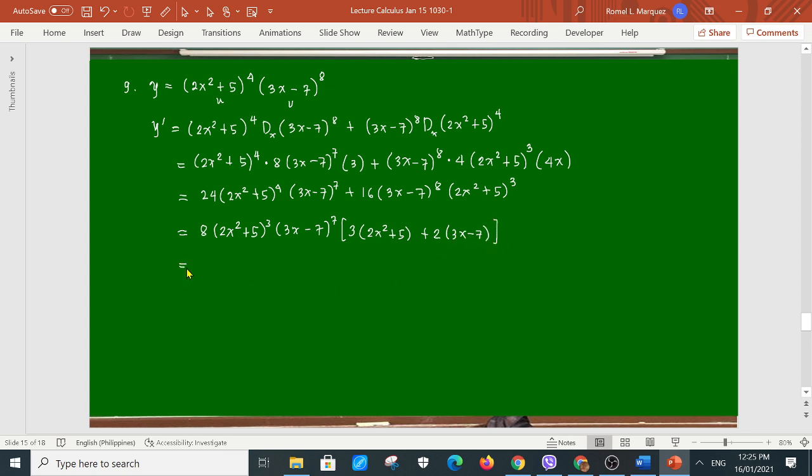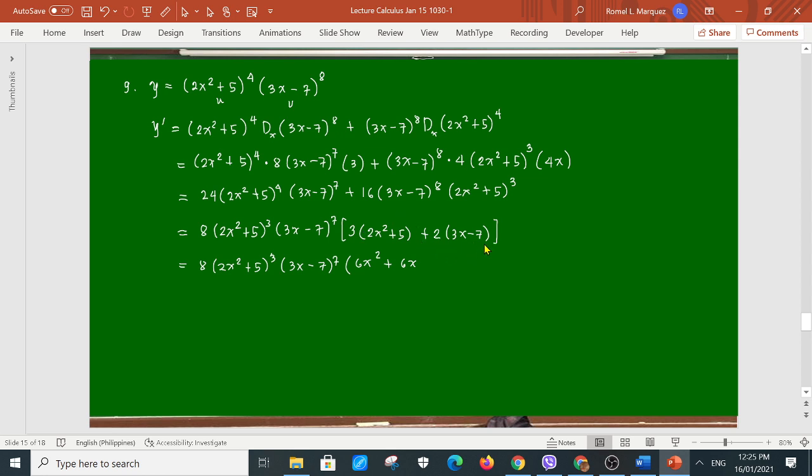Let's simplify further. 8, 2x squared plus 5 raised to 3, and then 3x minus 7 raised to 7. Then, what about this? This is 6x squared. Plus, this one, 6x.